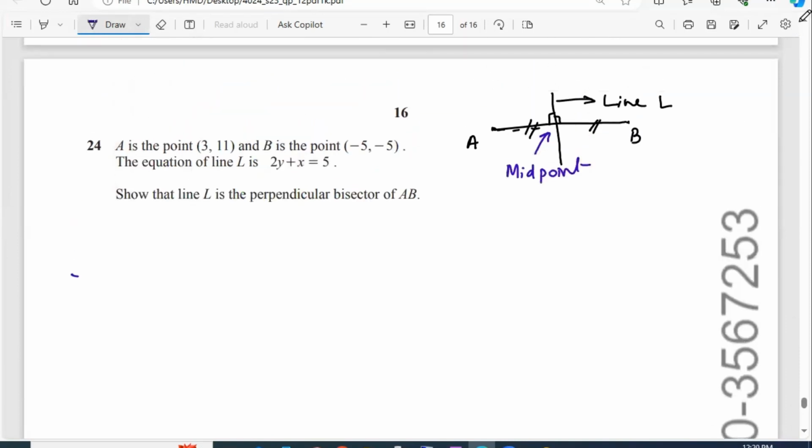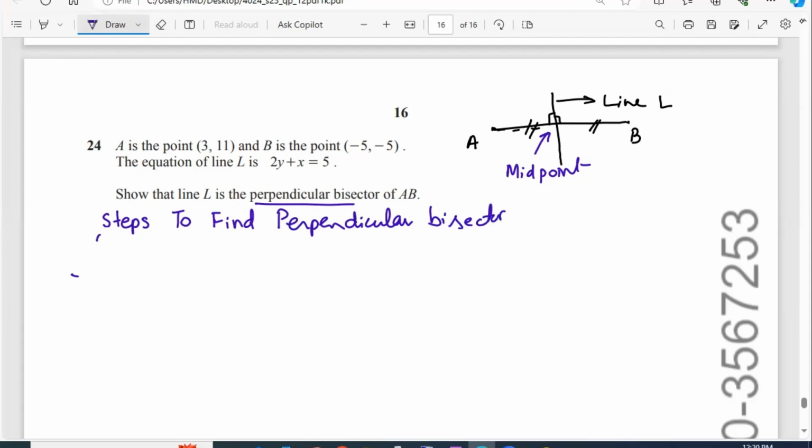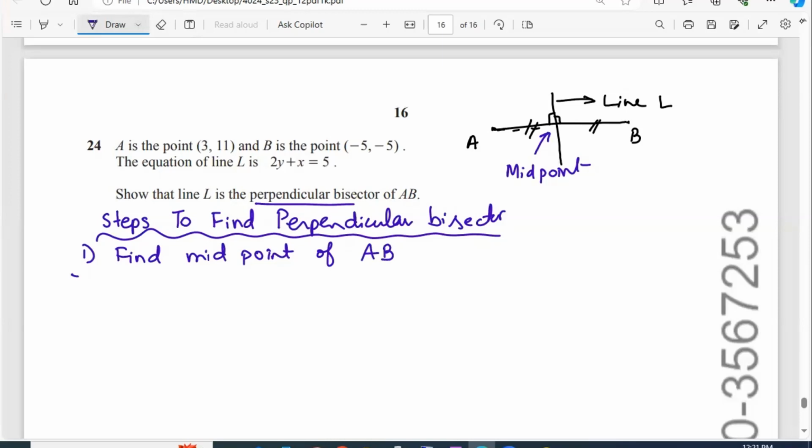Step number 1: find out the midpoint of AB. So to find the midpoint of AB, recall the formula.